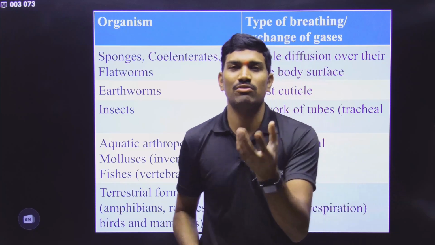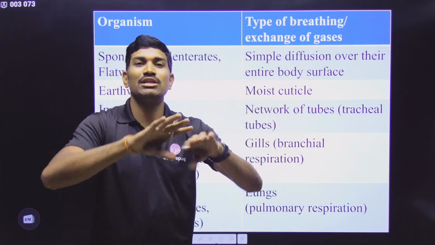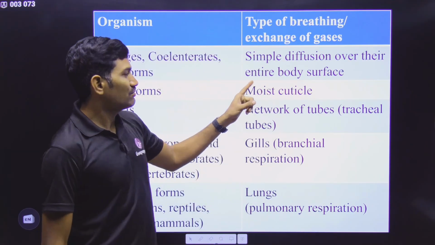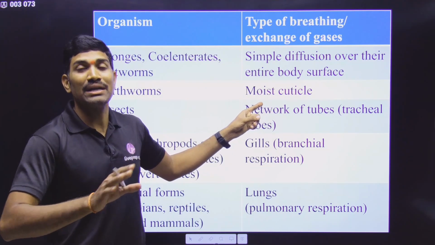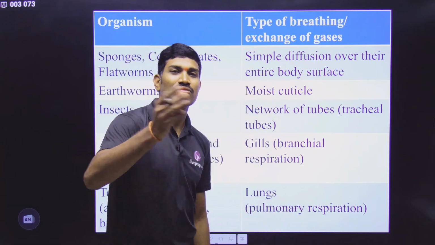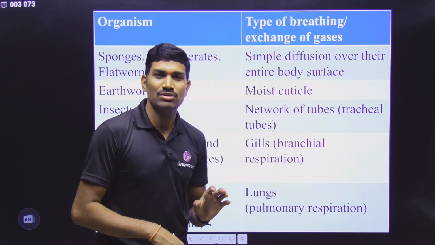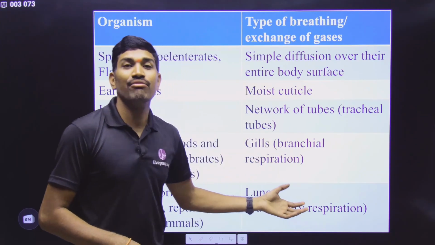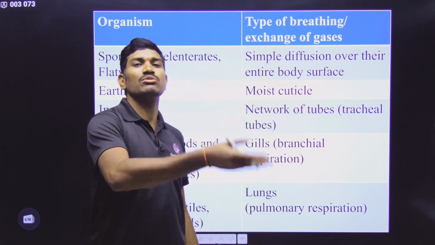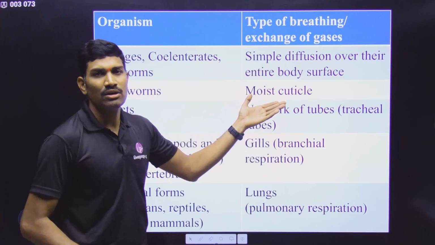Whatever small amount of water is present on the cuticle, oxygen will be dissolved in that, and then immediately it will be diffused. So in earthworms, there are no separate respiratory organs. Directly across the moist cuticle, exchange of gas is occurring. From the atmosphere, oxygen dissolves in that moist cuticle, and from there it diffuses into the body. And inside the body, CO2 is produced, which comes to this moist cuticle, and from there it goes into the atmosphere.